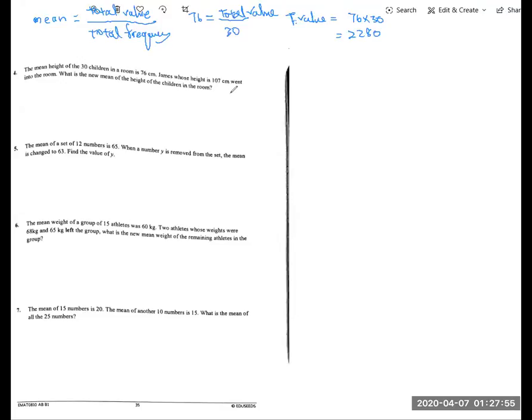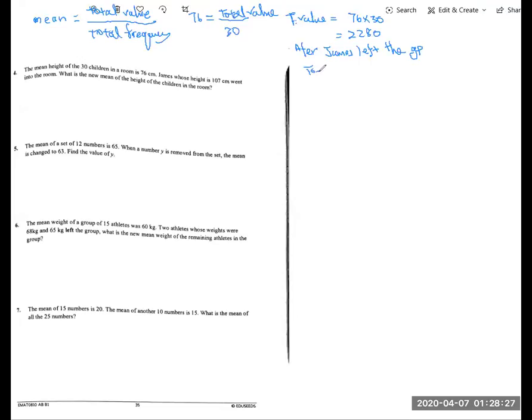Now let's say one of them, whose height is 107 cm, James, left the group and went into the room. With that person missing from the group, what will be the total value?